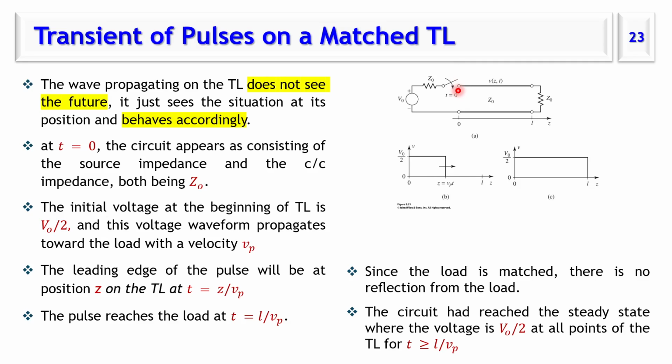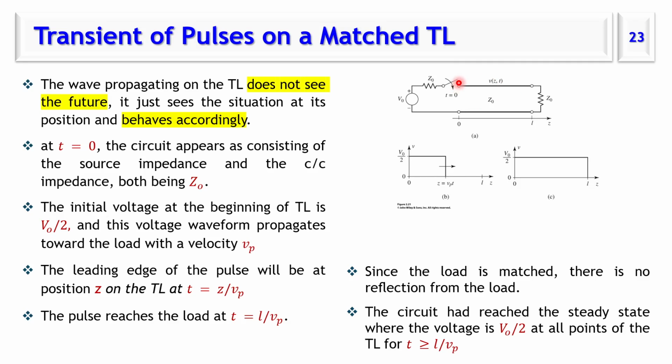So when we talk about transient analysis, what we see is not Z input. What we see is Z naught. This is the transient analysis. If we are doing the steady state analysis, similar to what we did so far in the course, the signal will see Z input. But for transient analysis, the signal doesn't see the future.